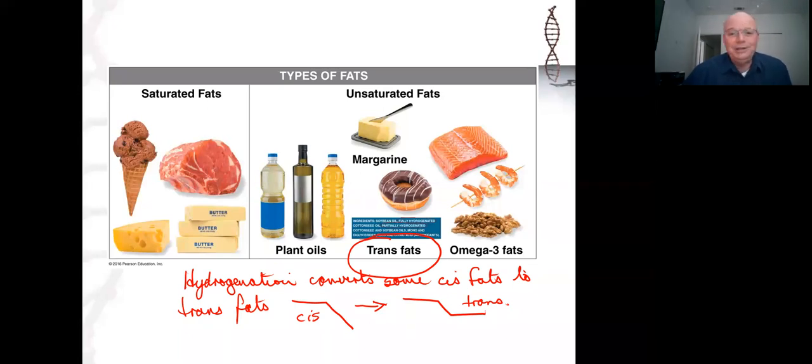The problem is that the legislation has a loophole in it, courtesy of the food manufacturers, because they asked for the loophole. And the loophole is that as long as the food contains less than half a gram of trans fat per serving, the food can be legally labeled as containing zero trans fat. So that means you could actually be eating something that has got trans fat in it and not know it because the manufacturer can legally say that there's none in there as long as it's less than half a gram per serving.